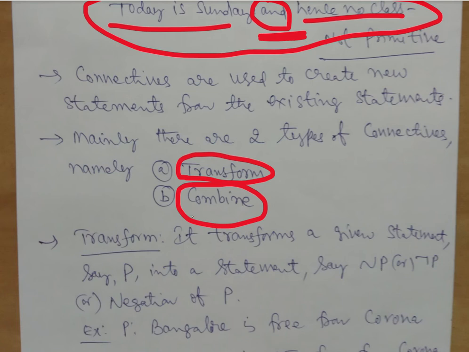Combine means your AND operator, OR operator, NAND operator, NOR operator, which combines more than one statement. XOR, implication, all those names we will see shortly. That is how we will be using connectives to combine. So your connective can be either a transform connective, which in this case is only negation, or a combine connective, which can be your AND, implication, XOR, stuff like that.